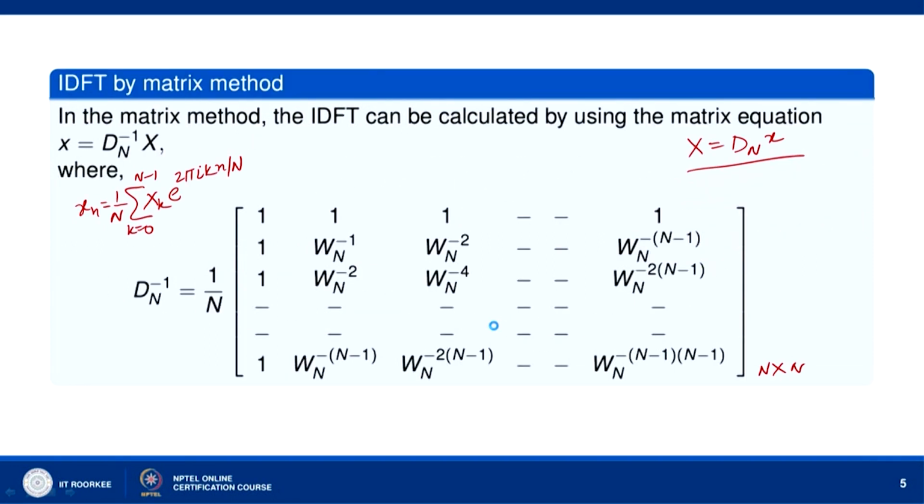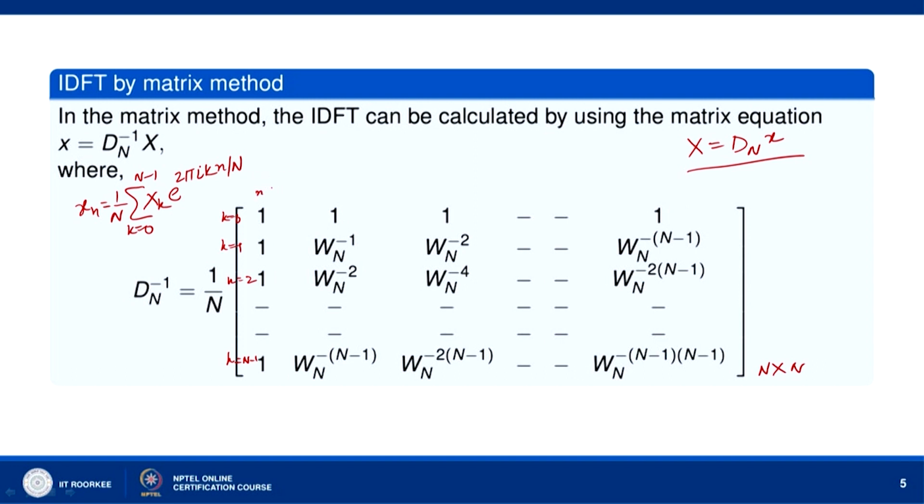Okay. So, you can see here k runs along the rows. This is k equal to 0, this is k equal to 1, this is k equal to 2, and so on, this is k equal to n minus 1. We will be writing it as kn.